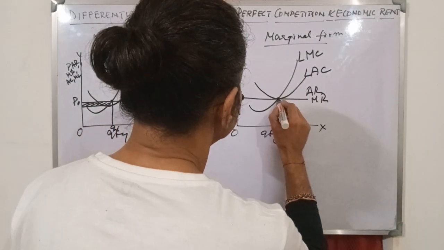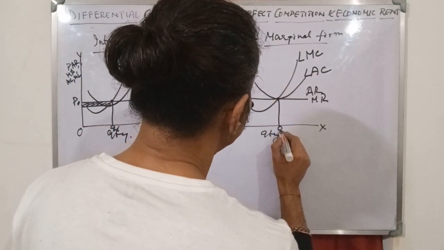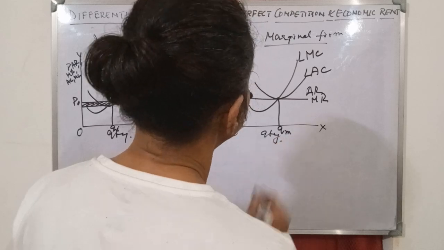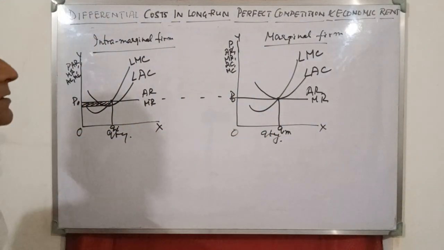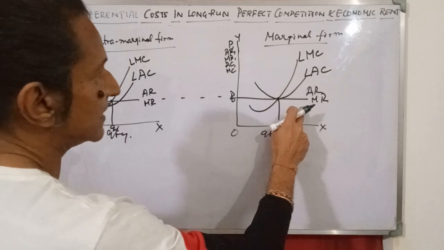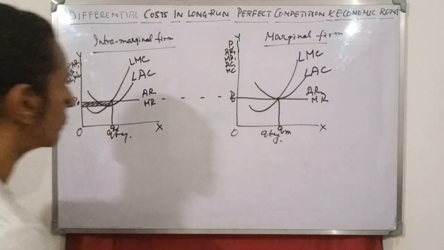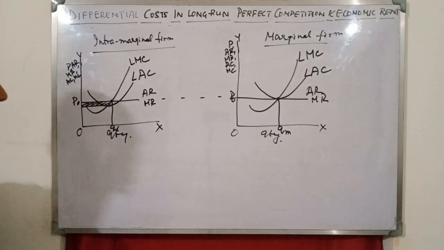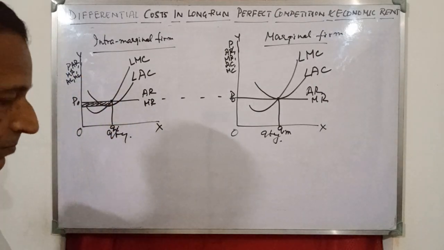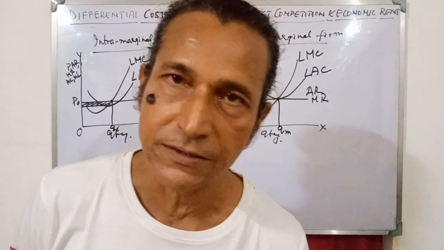So here, this is the equilibrium quantity, say Qm, m for marginal. You can see the marginal firm is neither earning any profit nor incurring any loss, whereas the intra-marginal firms are earning profit.